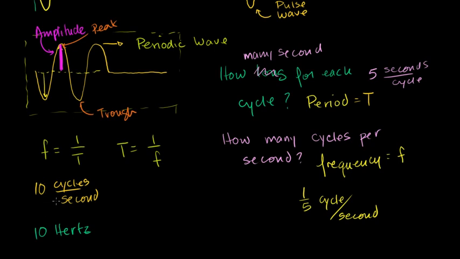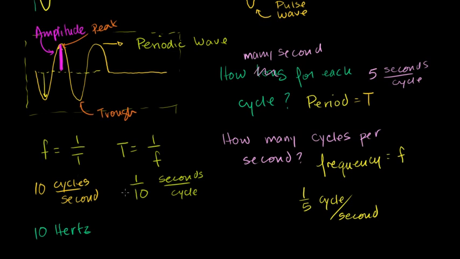If my frequency is 10 cycles per second, my period is going to be 1 over that. So 1 over 10 seconds per cycle, which makes sense. If I can go up, down, and back again 10 times in a second, it's going to take me 1/10 of a second to do it each time.